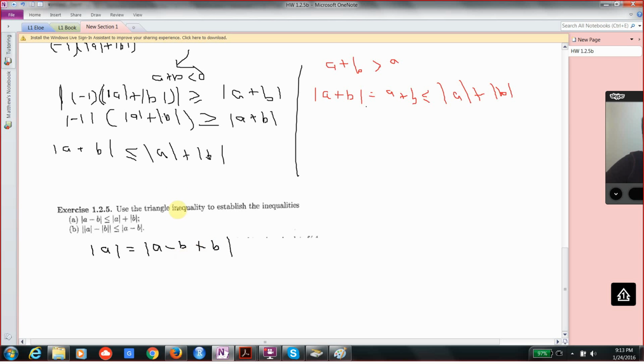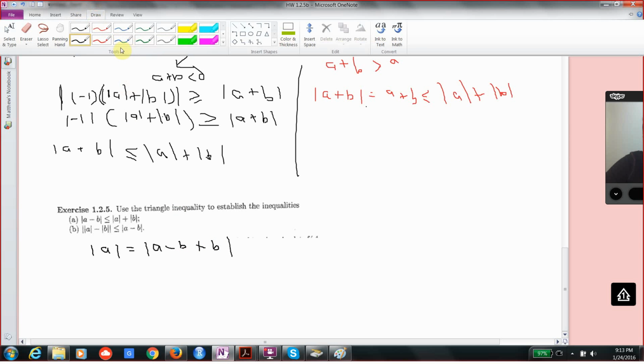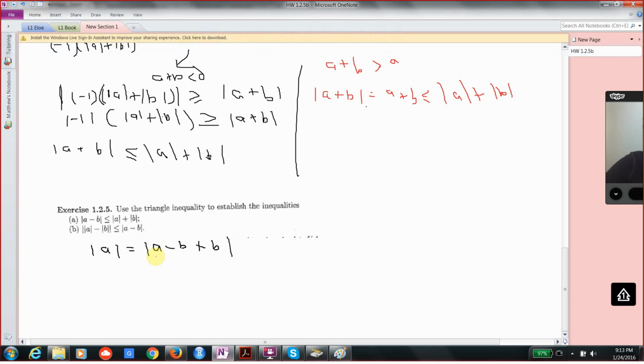But now I can use the triangle inequality. I'm going to act like this is my A from before, and this is like my B. So this is less than or equal to the absolute value of the first quantity plus the absolute value of the second.